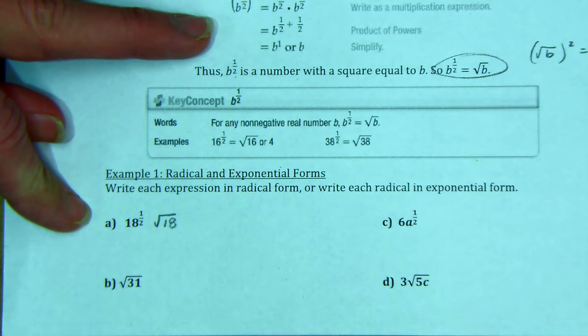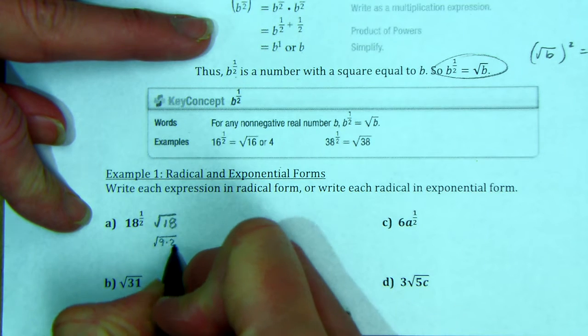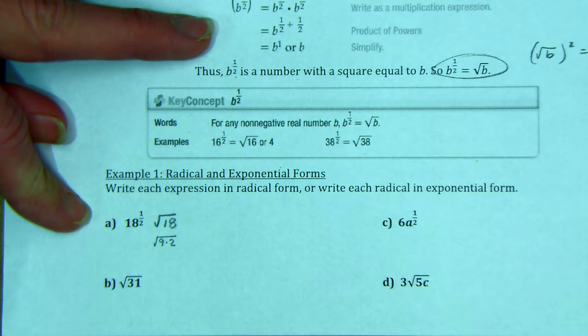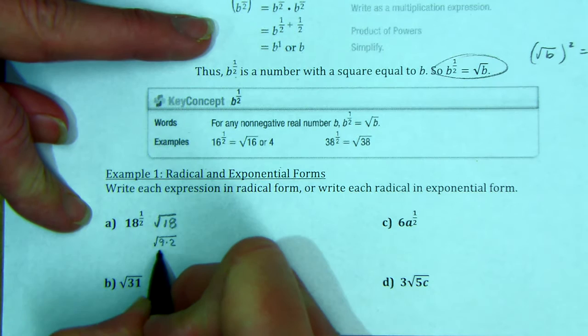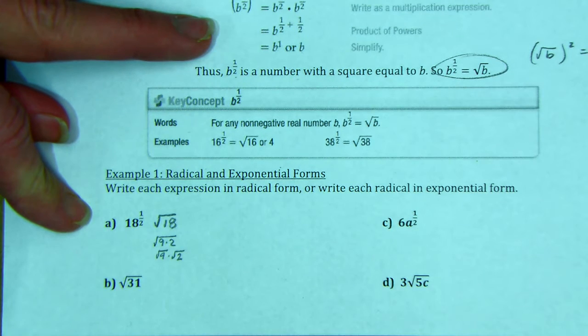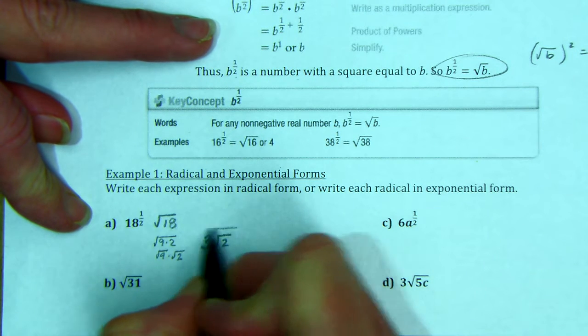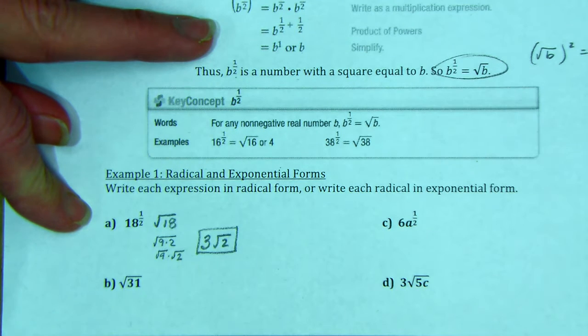And I know 18 is not a perfect square, but I do know that 18 consists of 9 times 2, and because 9 is a perfect square, I can take the square root of 9 and the square root of 2, that is the same thing, and the square root of 9 is indeed 3. So the answer is 3 square root of 2. And if you've taken course 3, you've simplified radicals before. If you have not, that is kind of new, which is why I went through it step by step.